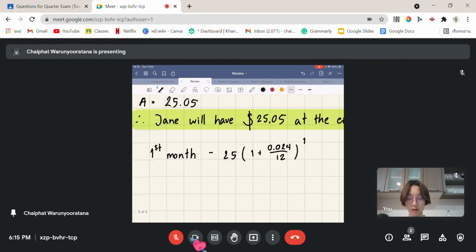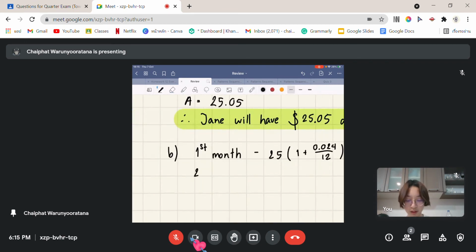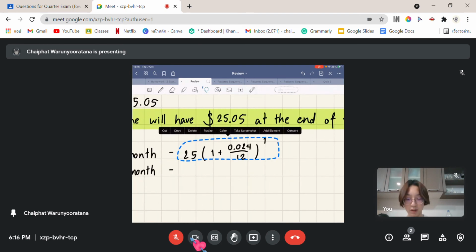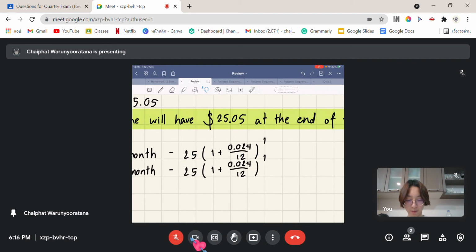Okay. Now, for the second, after the second month, she will deposit the money again, $25. So she will deposit this amount of money.